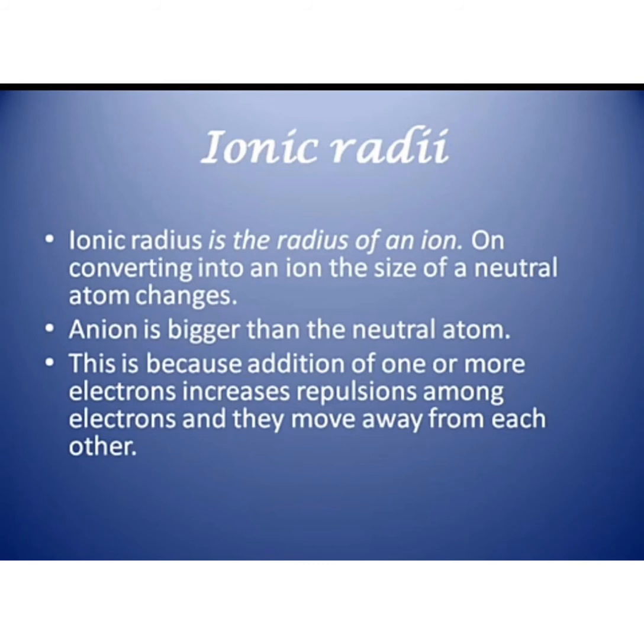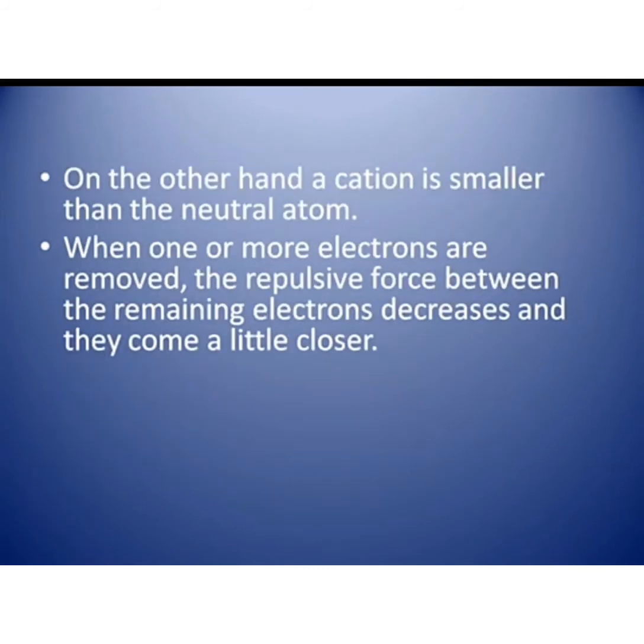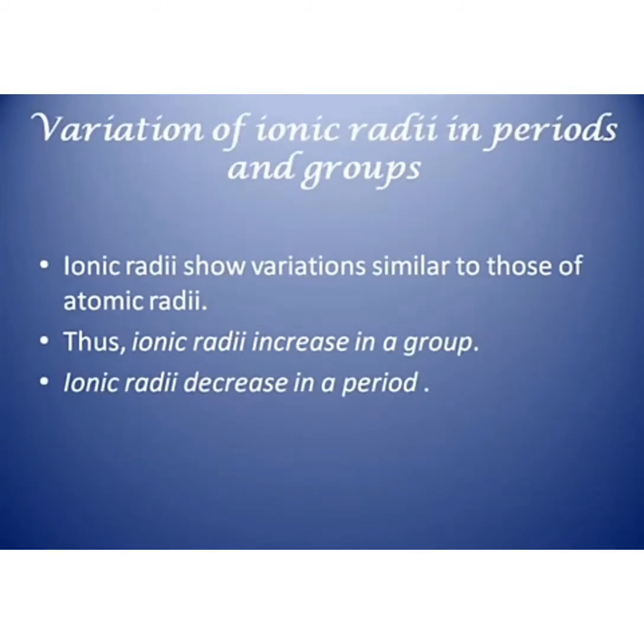Cations are smaller than the neutral atom. When one or more electrons are removed, the repulsive force between the remaining electrons decreases and they are attracted more by the nucleus. Ionic radii show similar variations as atomic radii. Ionic radii increase in a group and decrease in a period.